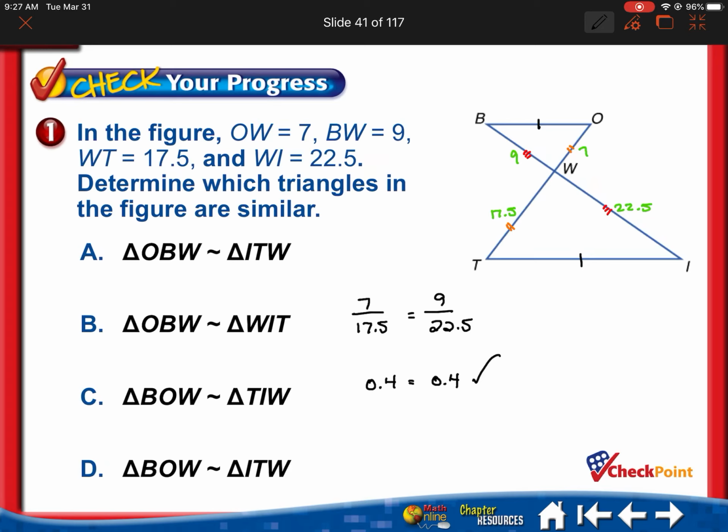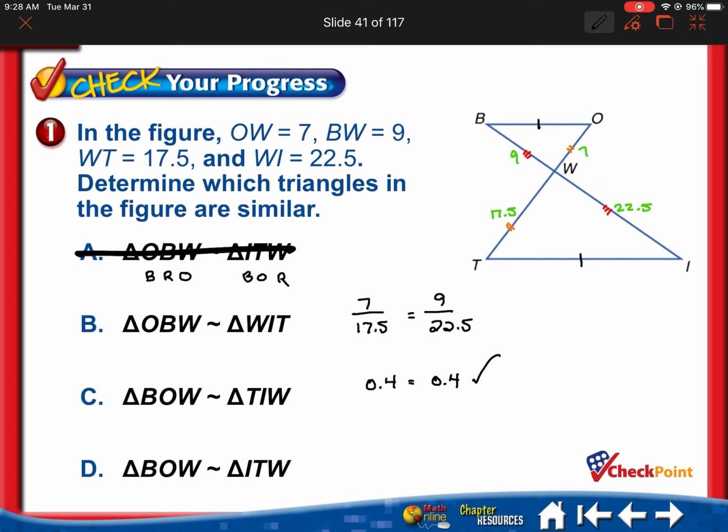So the first one, A, does O, B, W. It did the black side, the red side, then the orange side. So it did black, red, orange. This next one, I to T to W, did the black side, but then it did the orange side and then the red side last.